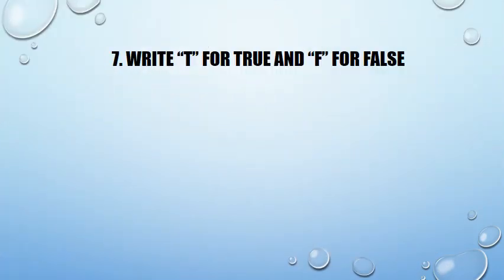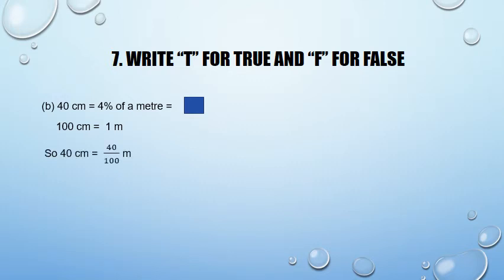Now let's come to question number 7, which is write T for true and F for false. Let us do the B part of this question. 40 centimeter is equal to 4% of a meter. So you have to write whether it is true or false. So let us find it out. We know that 100 centimeter is equal to 1 meter. So 40 centimeter is equal to 40 upon 100 meter, because centimeter is a smaller unit and meter is a larger unit.